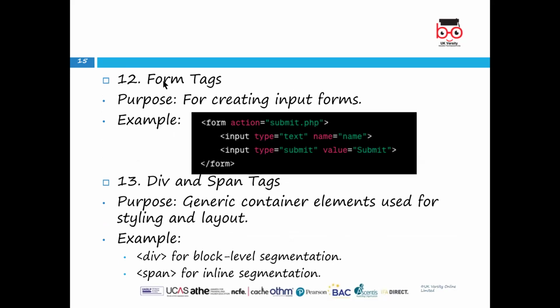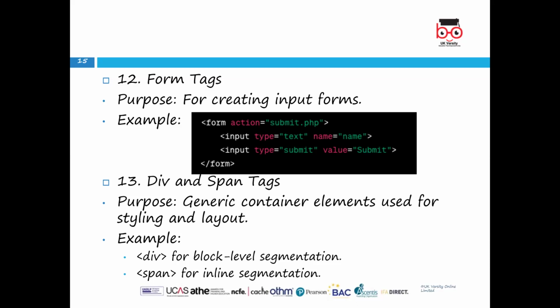Also, we can integrate forms and tables. Our website can have loads of features that we can add, and all these features can be done through forms and tables. And also we have divisions. It is really important to not get confused between sections and divisions.